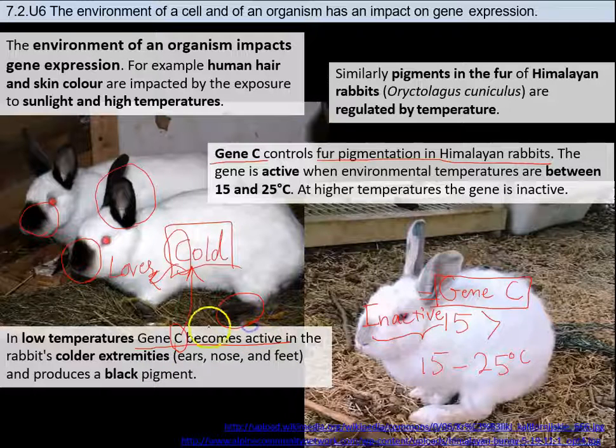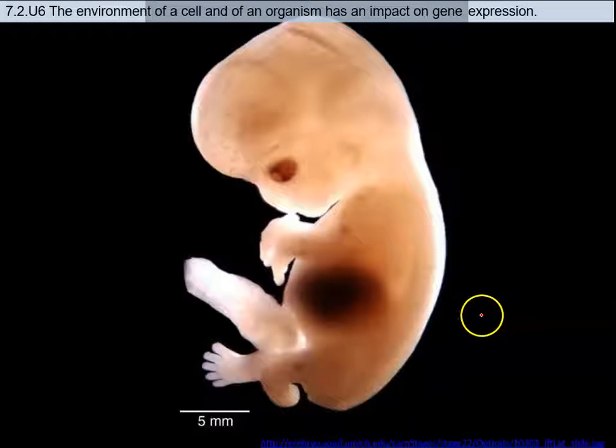It's here as well. So their feet also become black and produce a black pigment. So what did you learn from that experiment? From that observation, the environment will affect the gene expression.